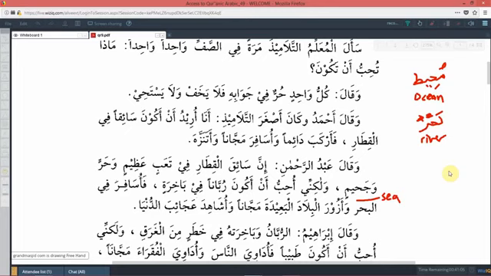And we have the word hawd, which is a basin. Another word like bahar, which would be a small bahar, is buhaira.